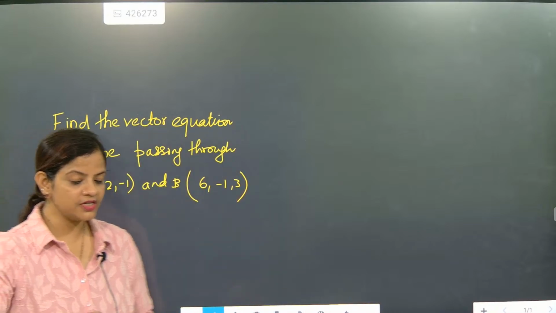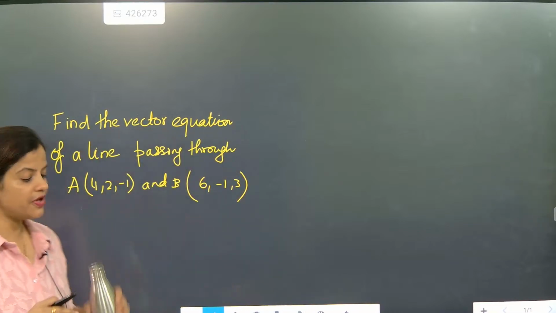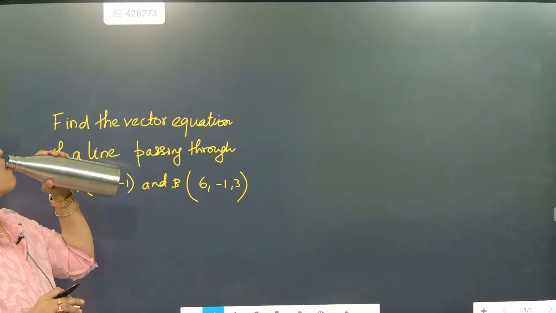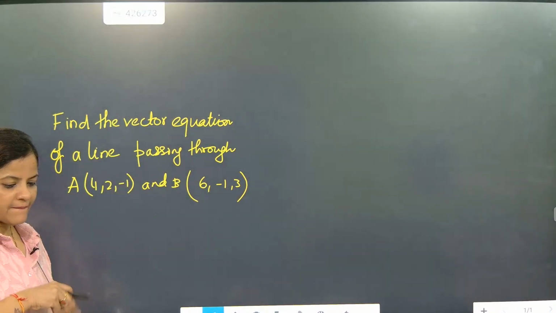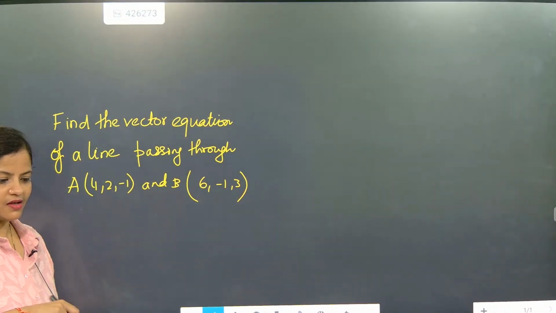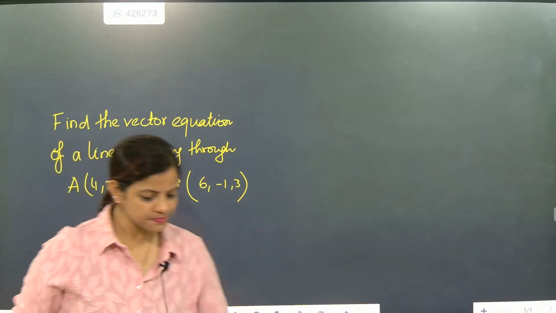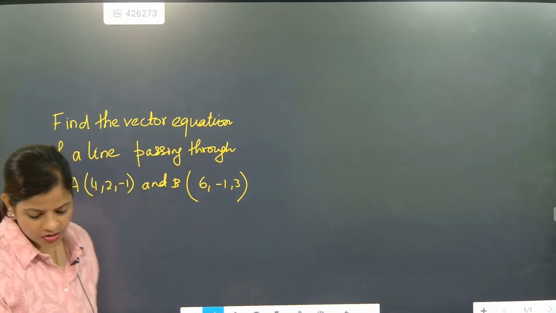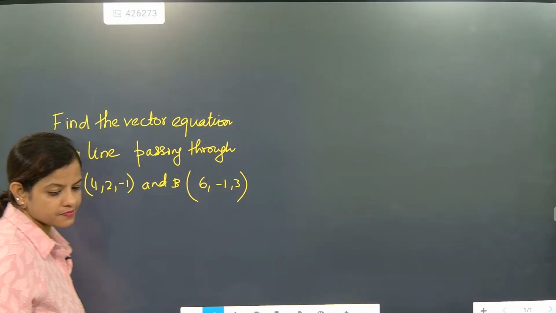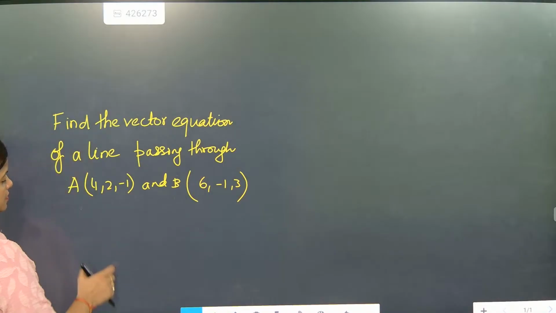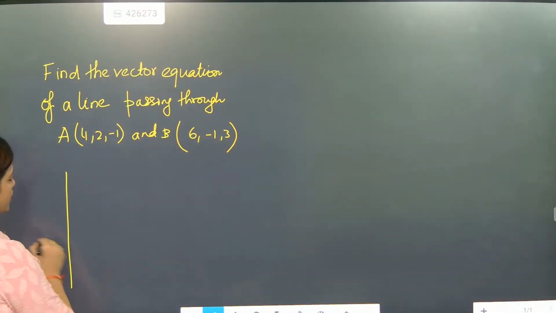Now look here beta. These are the 2 points. This question we are going to do. Now come on, start solving the question. Here 2 points are given to you.